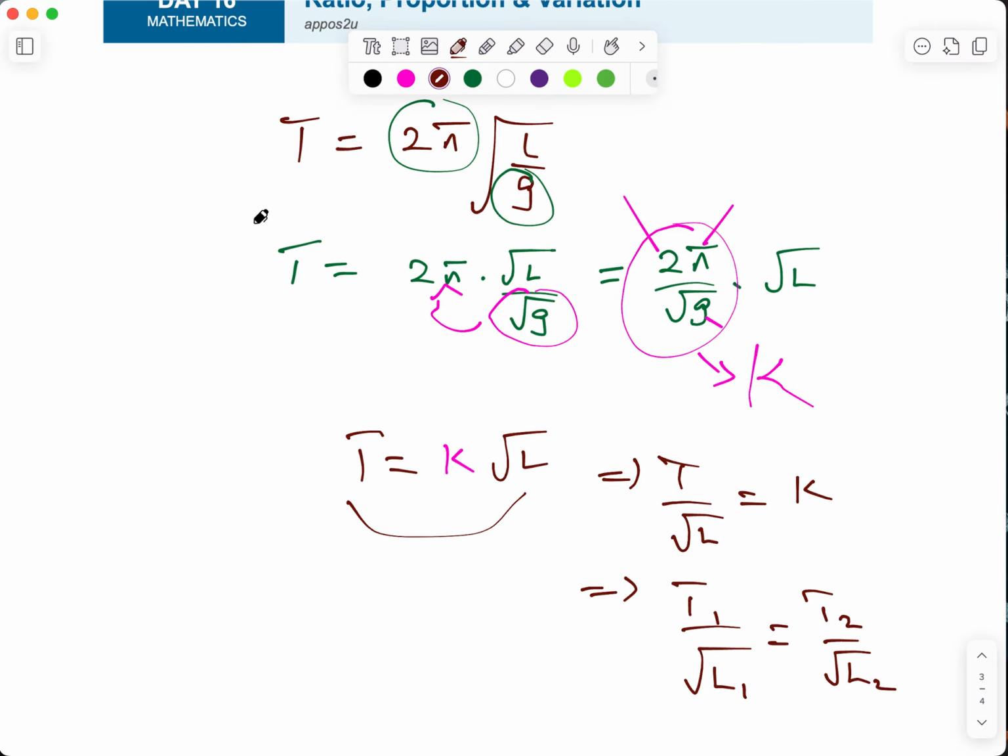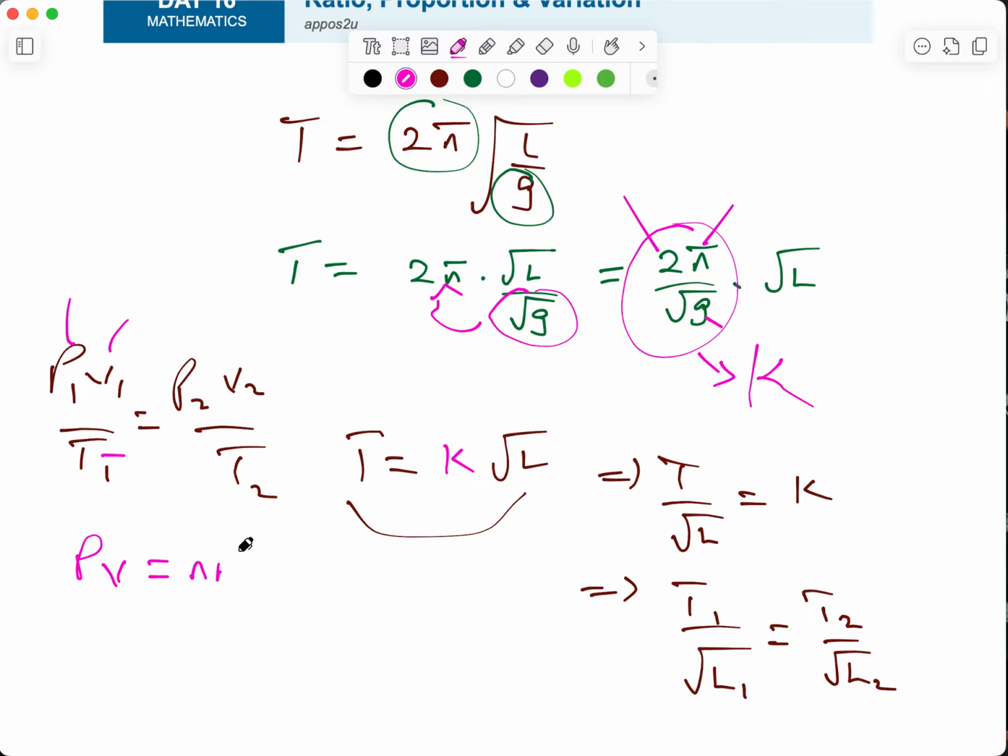I know you would have seen this rule before: P1 V1 over T1 equals P2 V2 over T2. This is from your chemistry, where you have this combination: pressure, volume, and temperature. According to the general gas equation, PV equals nRT. n is going to be constant, and R is also going to be constant.